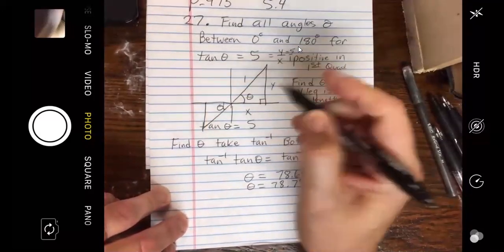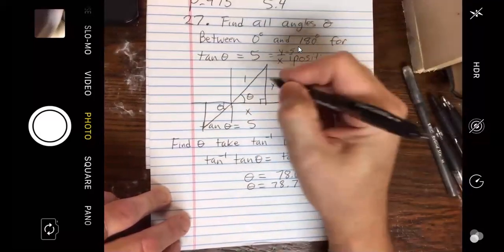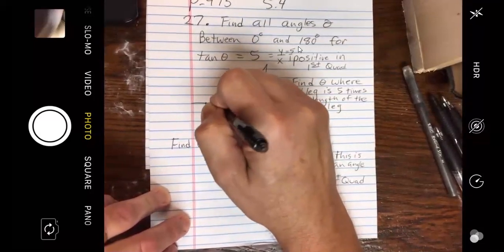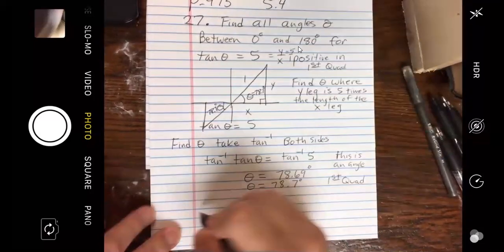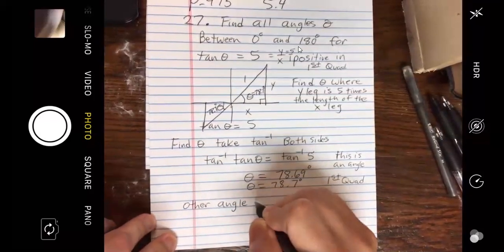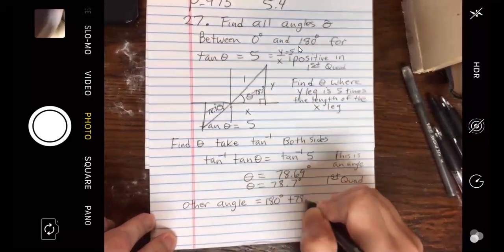Your reference angle is 78.7 degrees, and so your other angle would be equal to 180 degrees plus 78.7 degrees.